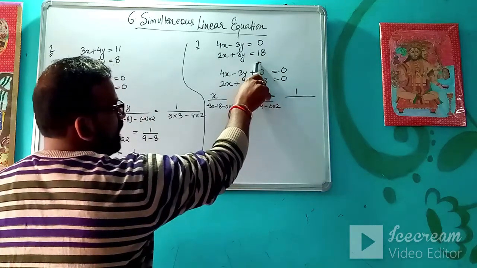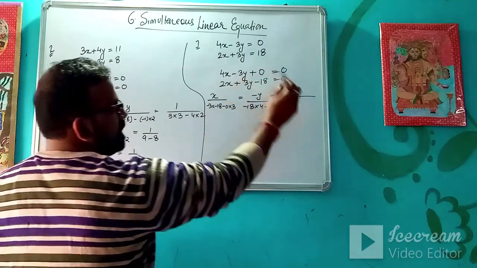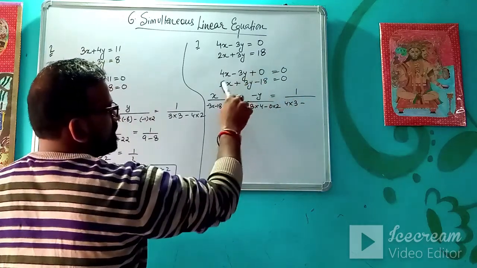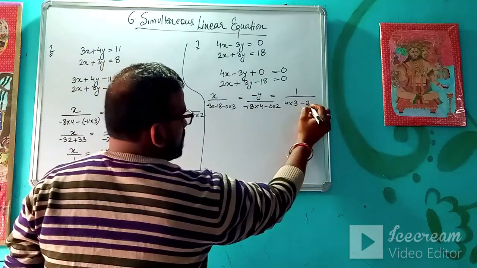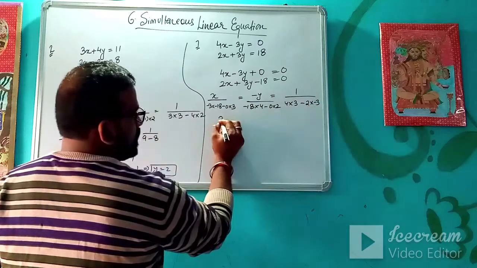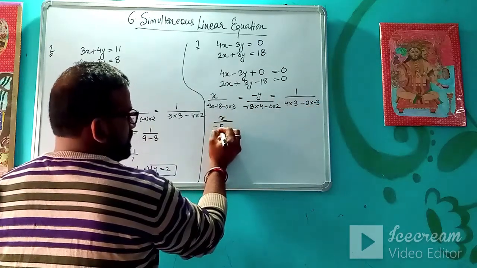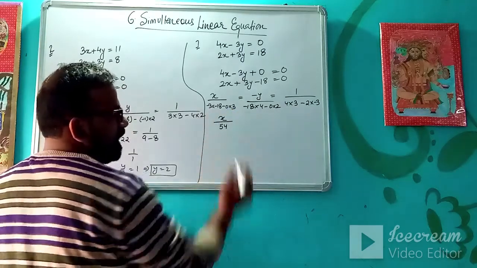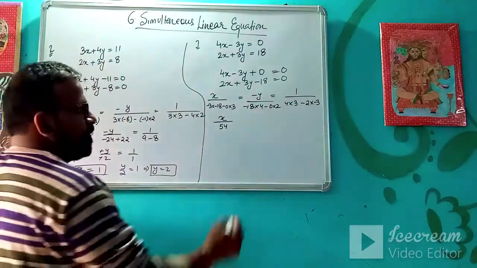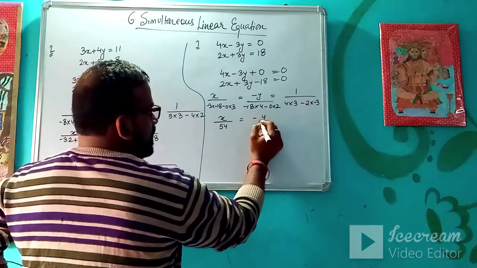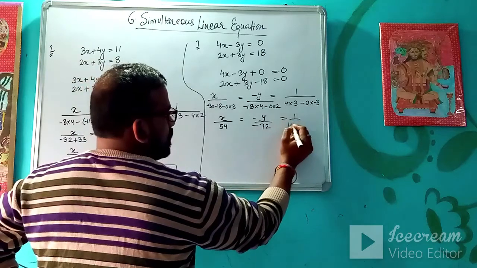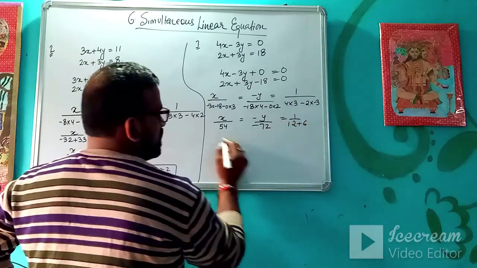Then for finding the constant, this I will hide. So it will be 4 into 3 minus 2 into minus 3. So it will be minus 54. It will be plus 54, minus minus plus, and minus 0 will give you 54. Then minus y upon minus 72 equal to 1 upon 12 plus 6.